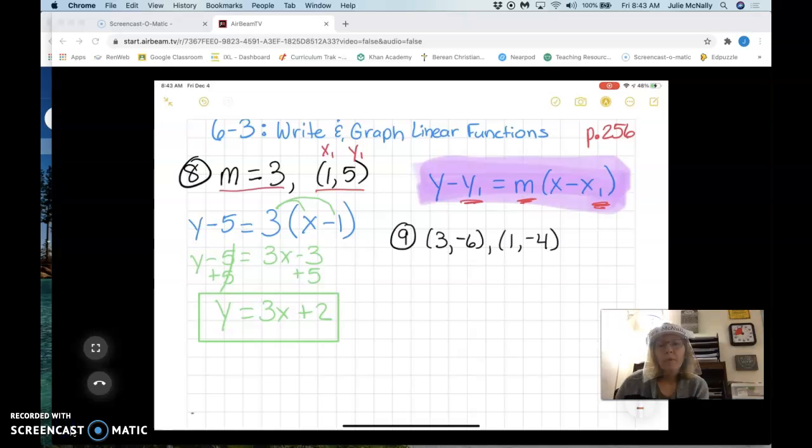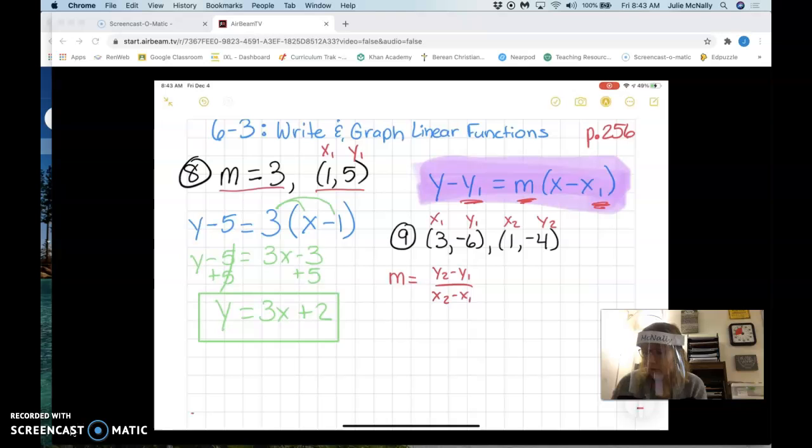All right, so remember the formula needs one coordinate and the slope. And what they've given us in number 9 is 2 coordinates. So I cannot just plug that into this formula. I have to do something else first. So I'm going to first label them all, x1, y1, x2, y2. And then I'm going to use the slope formula, which is this one, to find the slope.